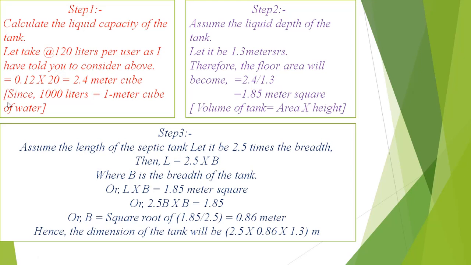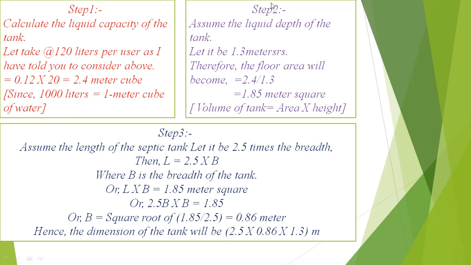So its volume is 0.12 into 20, which is equal to 2.4 meter cube. Since 1000 liter is equal to 1 meter cube of water, the capacity of the tank should be 2.4 meter cube for 20 users, considering 120 liters per user per day.